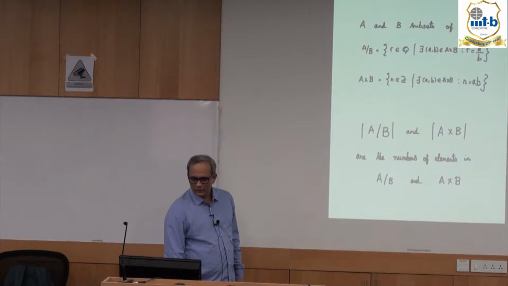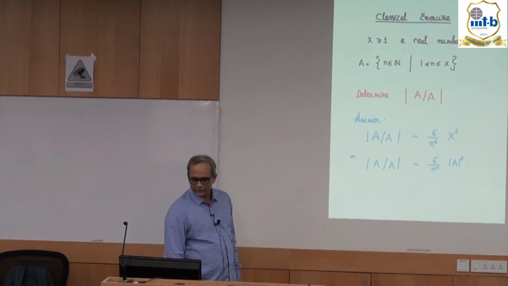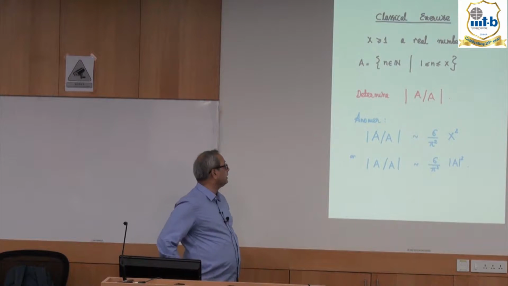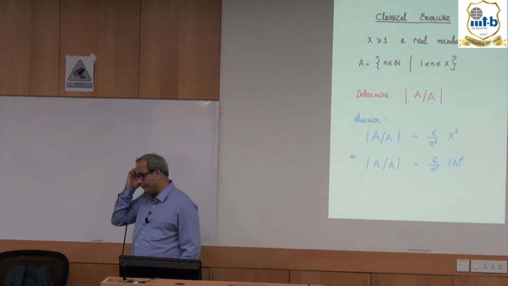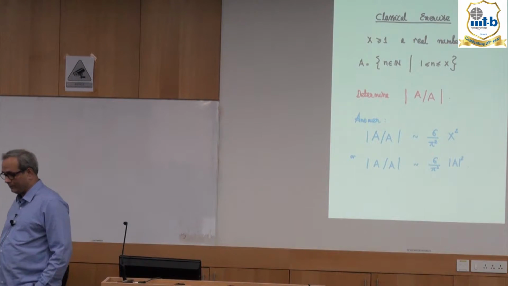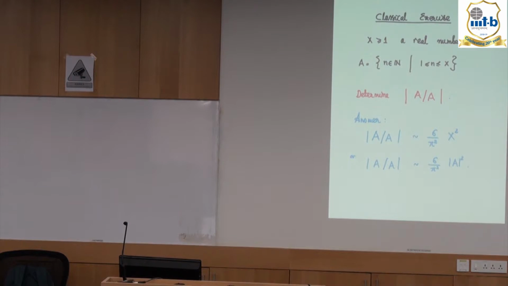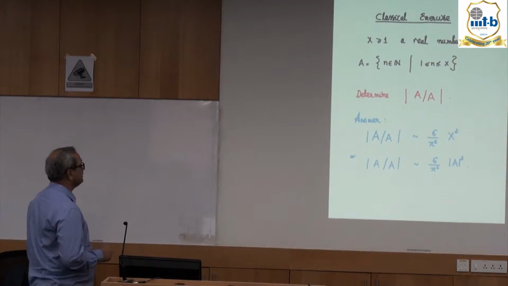Right. So with these two notations introduced, let us take up a very classical exercise. If you have done a basic course in analytic number theory, which probably you may not have, this is a fairly standard exercise in the subject.